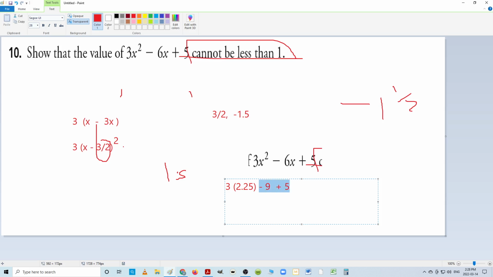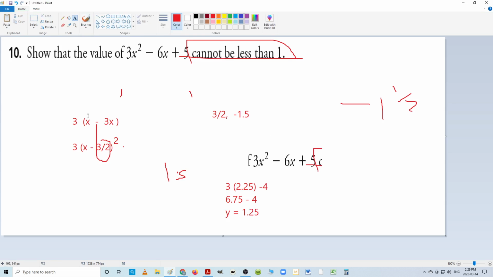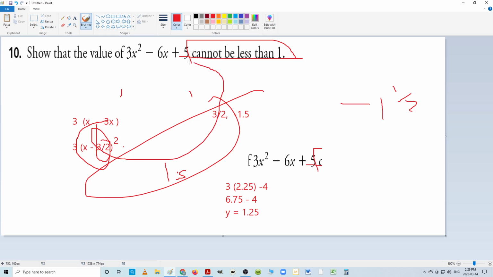So right here, minus 9 plus 5 is minus 4. And 3 times, I guess I was wrong, look at that, 3 times this is 6.75 minus 4, a y of equals 1.25. So I did my calculations wrong, which means that I just need the x value to plug into the equation to figure out the y value.